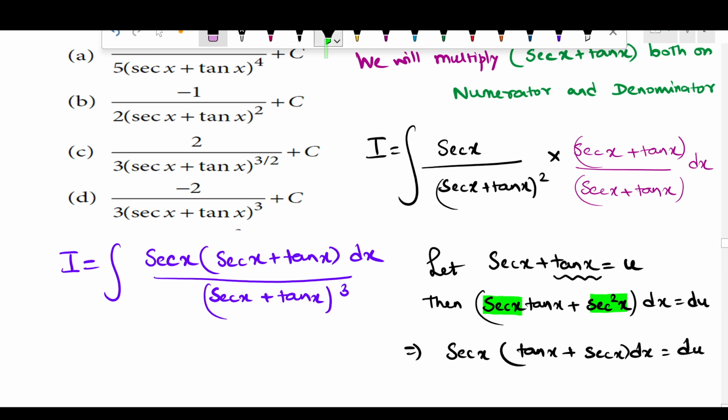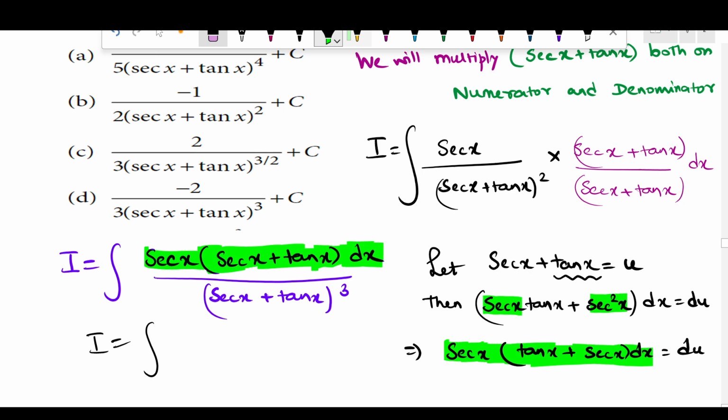Now can you see why we have taken this secant x plus tan x? See, secant x plus tan x dx is du, right? So our expression changes to integration of secant x times secant x plus tan x dx, which is du.